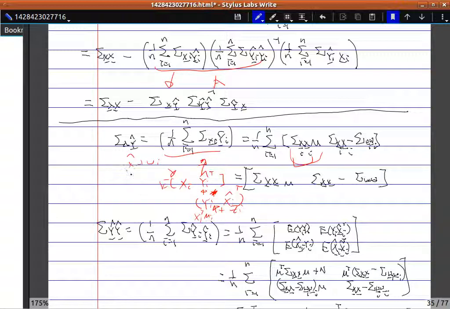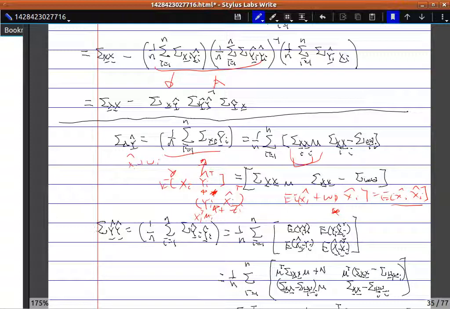But xi hat and wi are independent, so I have the expectation of (xi hat plus wi) times xi hat, which is just the expectation of xi hat, and this is equal to the covariance of xi minus the covariance of wi. Yeah, that's fine.